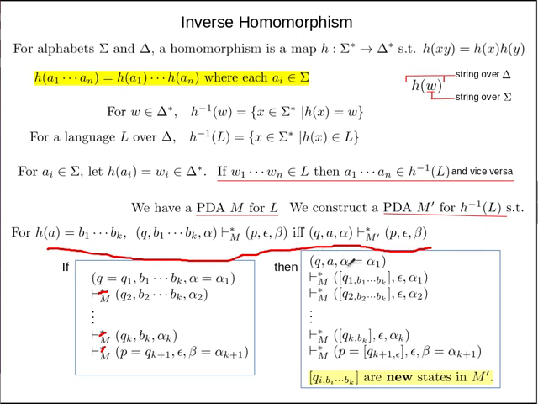It starts with (q, a, alpha), and finally it reaches (p, epsilon, beta). Now, what kind of transitions should we have in M prime? Since it is supposed to consume just this one symbol, in one move you can consume this one symbol. The rest of the moves have to be epsilon if there is any other move, and this is what we will do.